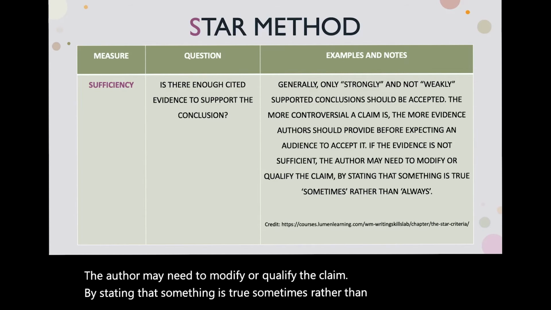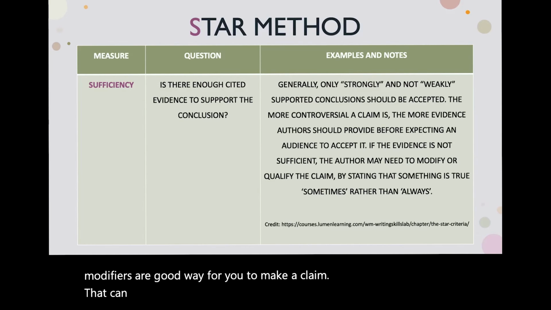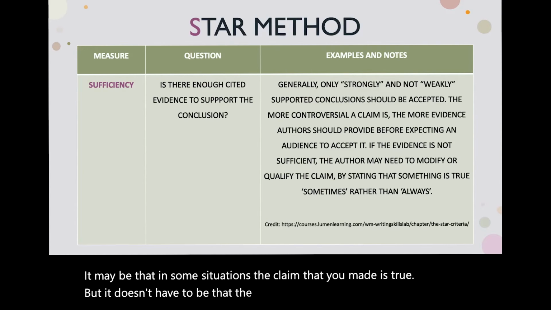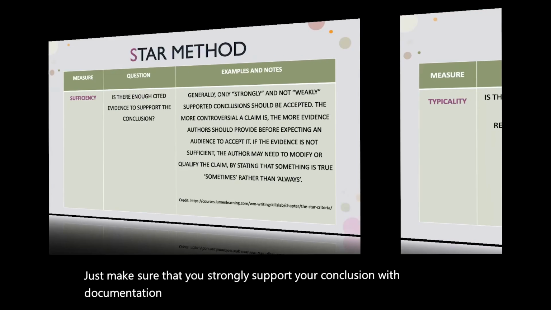Those modifiers are a good way for you to make a claim that can still be supported sometimes, but not always. It may be that in some situations, the claim that you made is true, but it doesn't have to be that the claim that you made is always true. Just make sure that you strongly support your conclusion with documentation and evidence.